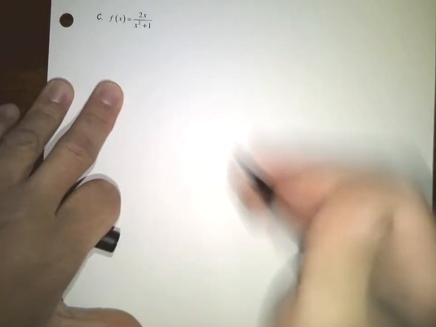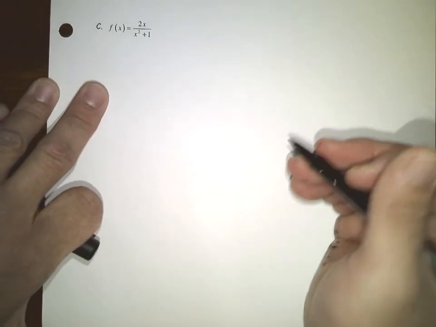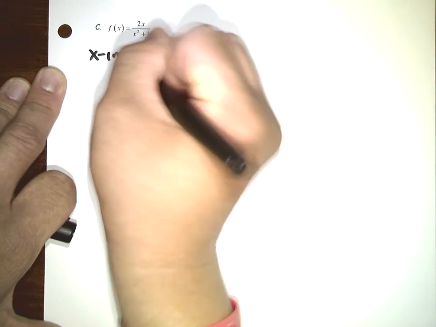So there's one more example. This one should be quick, and then that will be it for today. Let's go through just the basics here. The numerator and denominator are already factored, so now I need the x-intercept.